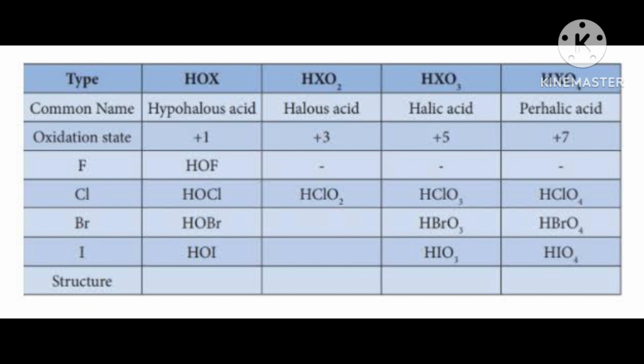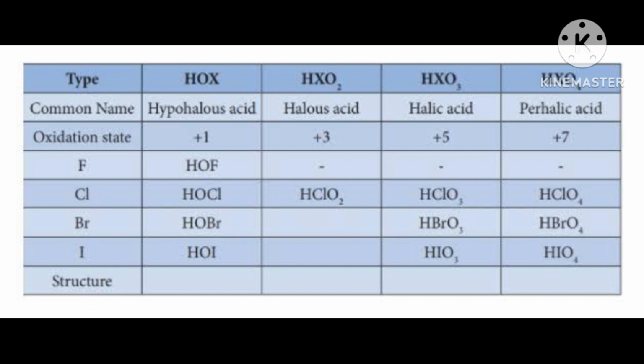And next is perchloric acid. Here total number of oxygen is 4, HOClO3. Here chlorine has 7 oxidation state.